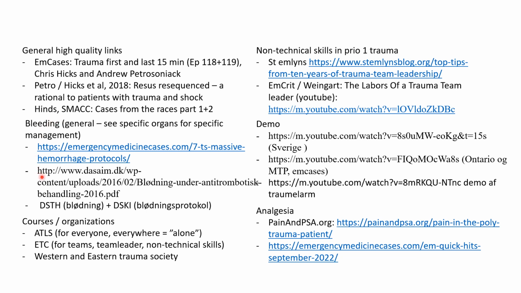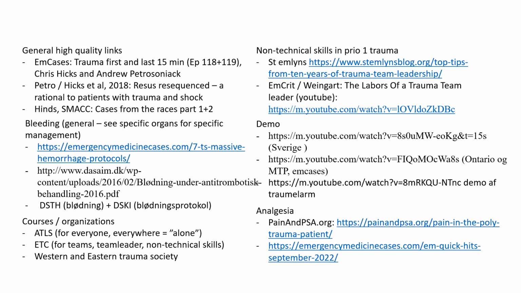For bleeding, check out some courses. There are these courses that are really good for systematically going through it. The ATLS course is very much for everyone, in any kind of specialty, everywhere. Then there's a lot of critique. Just check out Scott Weingart's critique in the OODA loops and breath-holding lectures.